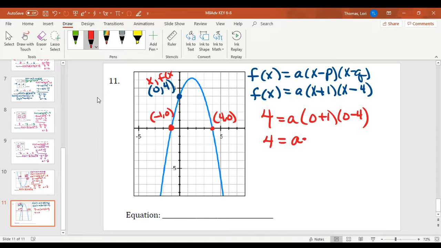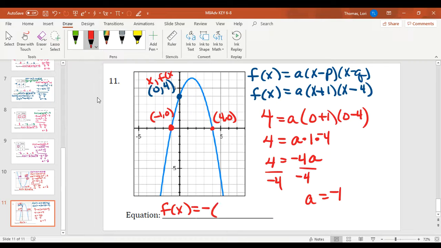Now we're going to have 0 plus 1 times 0 minus 4. 1 times -4 is -4 times a. Let's solve for a. And my a value is -1. So we're going to have -1 times x plus 1 times x minus 4.